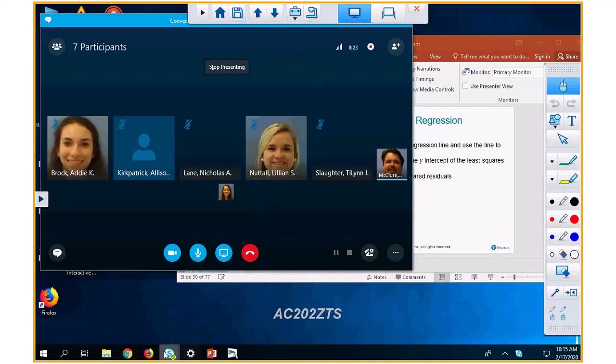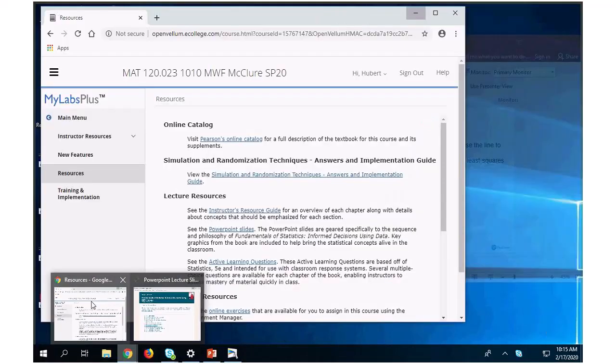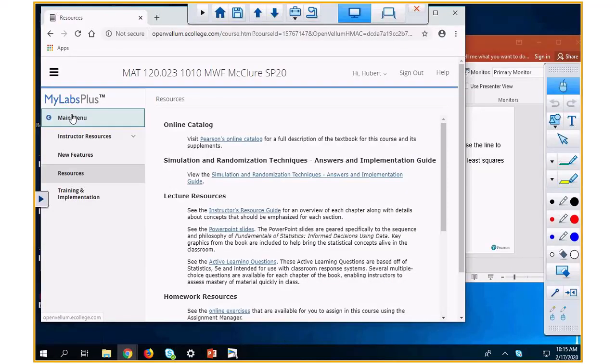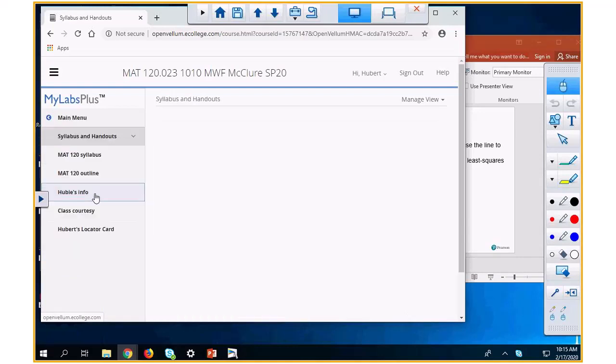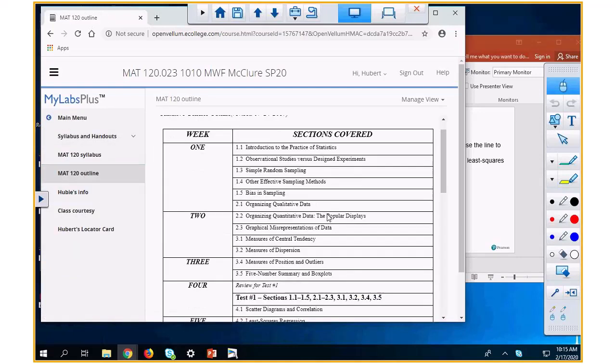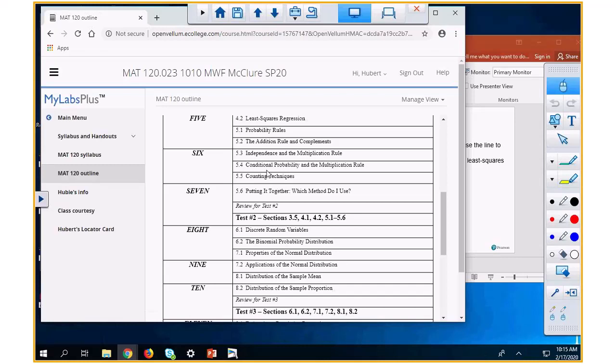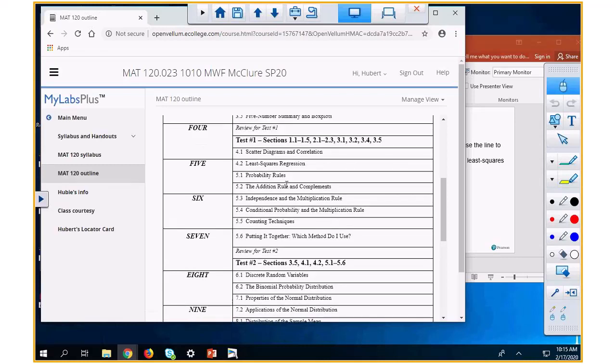Let me pull that up right quick and make sure I'm correct. Let me pull up the syllabus and the outline. Yeah, 5.1 and probably up to 5.3.